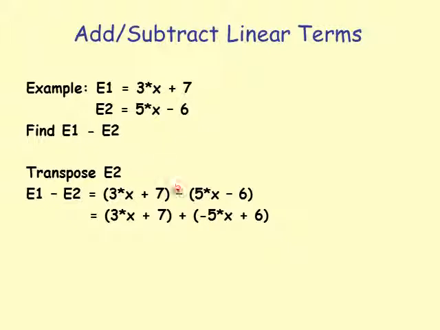Now we would transpose this E2 so that I have plus here. So that means it's 3 times x plus 7 plus here and minus 5 times x plus 6. I change the sign of 5 from positive to negative, and for 6 from negative to positive.